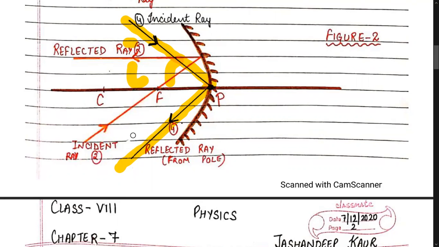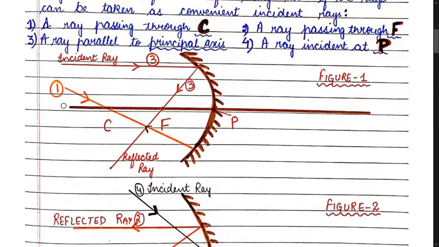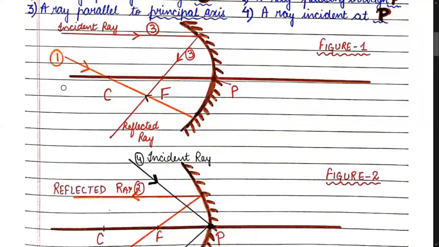Students, in any case of reflection, angle I is always equal to angle R. And this fourth rule we are usually not taking due to the complexity of angle formation. So we can take any two rays out of all the four, and mostly we take the first and third ray for making a ray diagram.